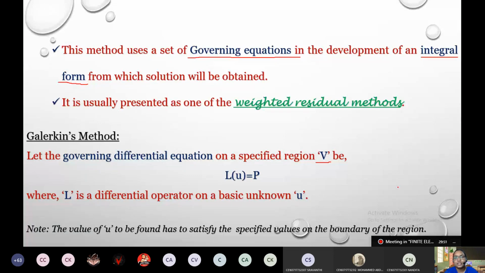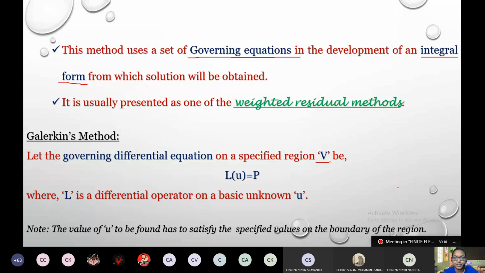So whatever answer you get has to satisfy the boundary conditions. It may be the load conditions, the surface traction conditions or the end conditions, whatever it is, it has to satisfy them if there are specific values mentioned.